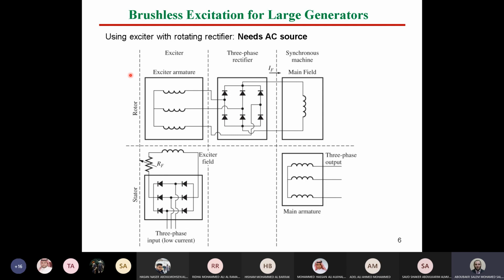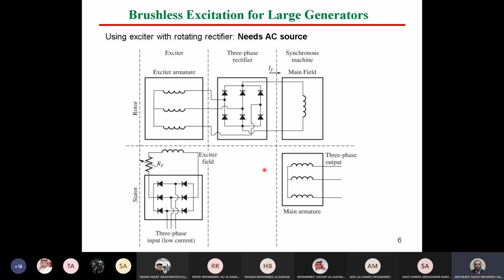However, this exciter has no commutator. Its windings are connected to another rectifier, which converts the AC output of the exciter armature winding to DC. All of this part is rotating, so in this way we avoid using brushes to connect the field winding.